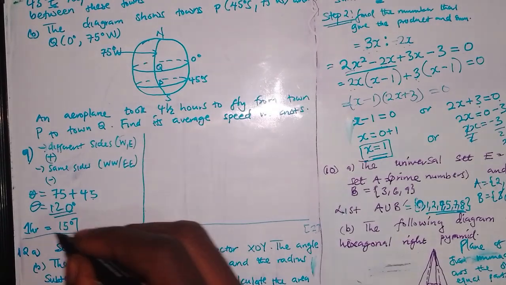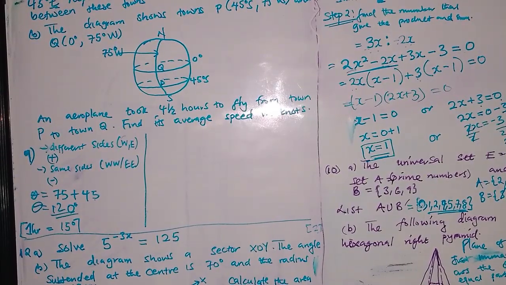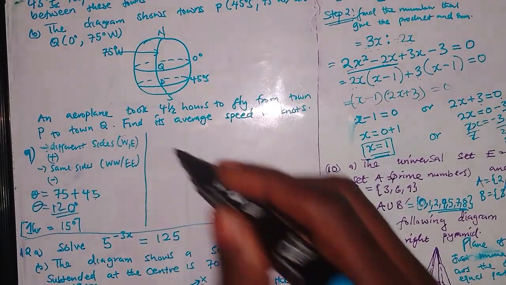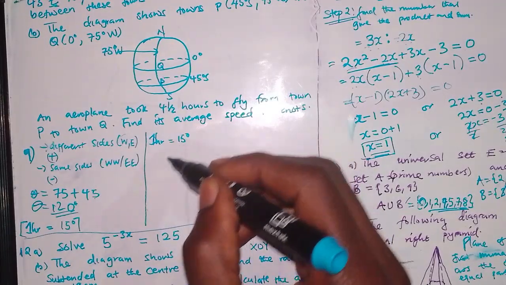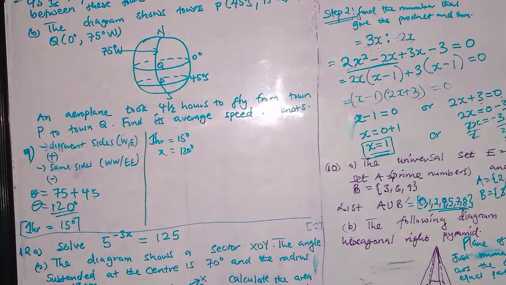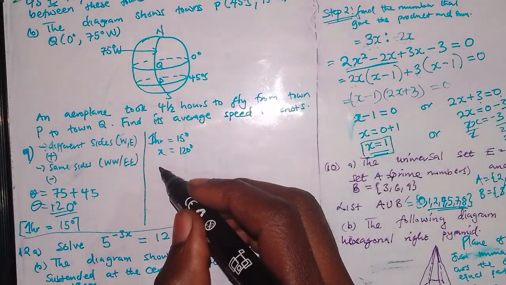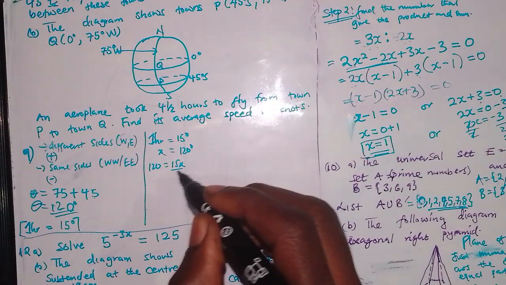This is the rule which you need to know whenever you are converting from degrees to hours. How about 120 degrees? So now here you cross multiply. 120 times 1 is 120. Then we have 15x. Then we divide by 15.